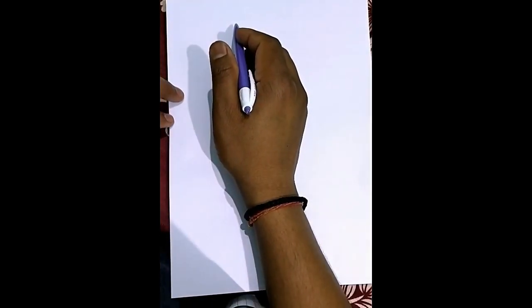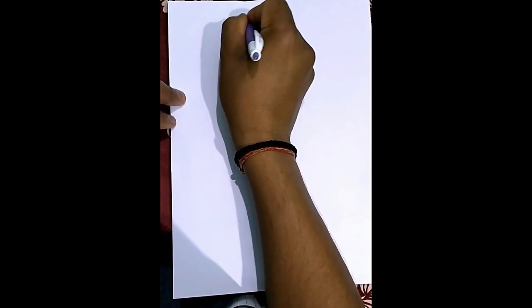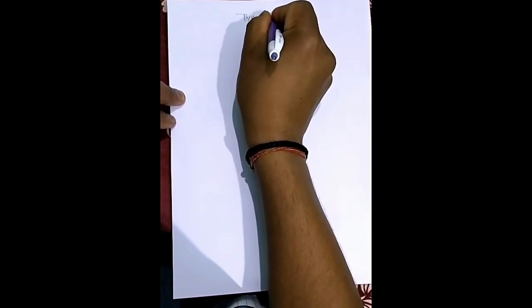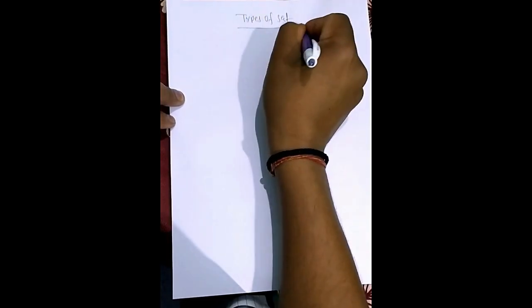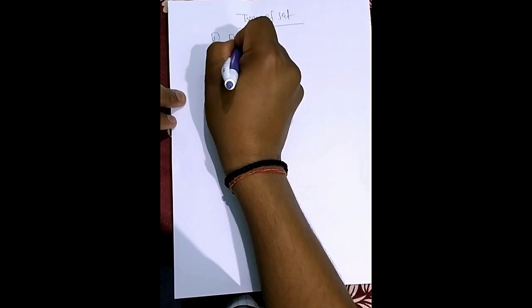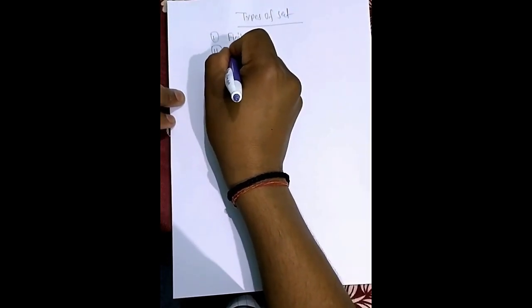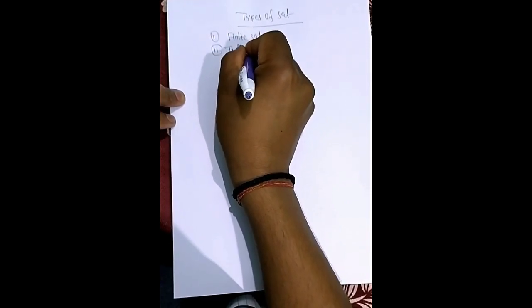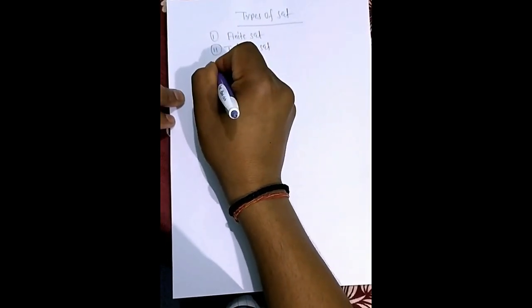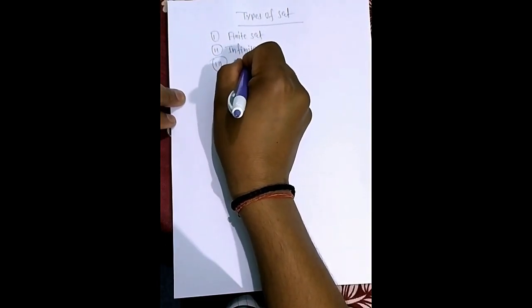Now we are going to learn about types of set. There are many types of set. First, finite set. Second, infinite set. Third, empty set.